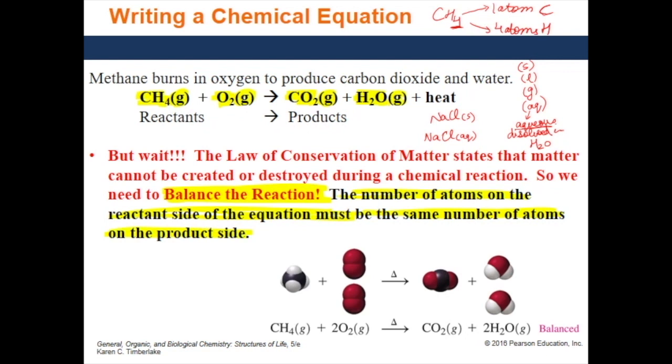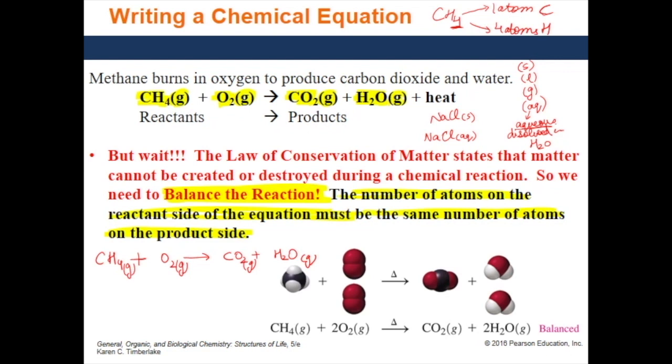For instance, let me rewrite this particular reaction: CH4 is reacting with O2 to produce CO2 and water. Here everything is gas, so we'll include their phase in parentheses as (g). Now let's see if this reaction is balanced or not.